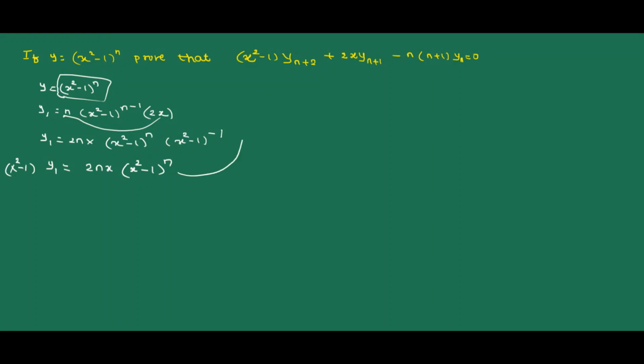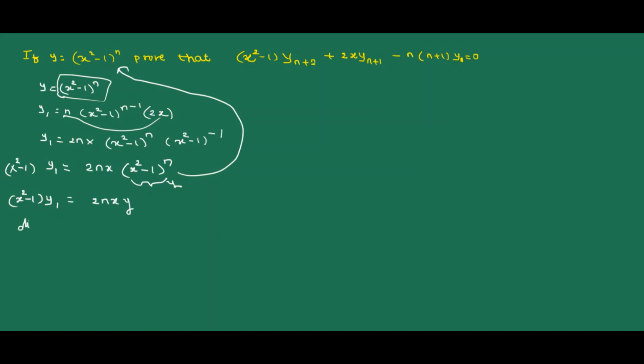Now by using this given equation we can write it as (x² - 1) into y1 is equal to 2nx, and this is y. From the given equation this value is equal to y, so I have written that is 2nxy.